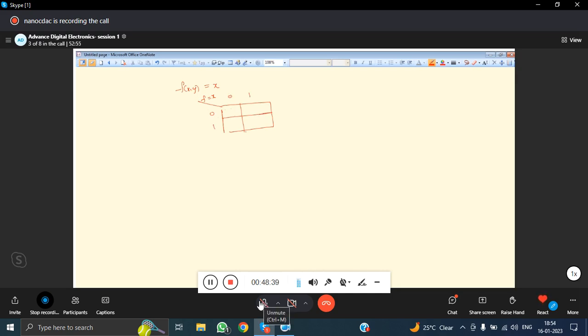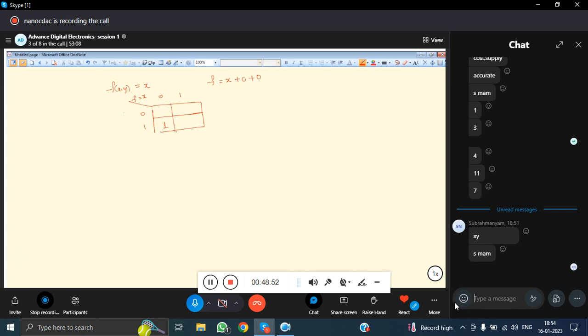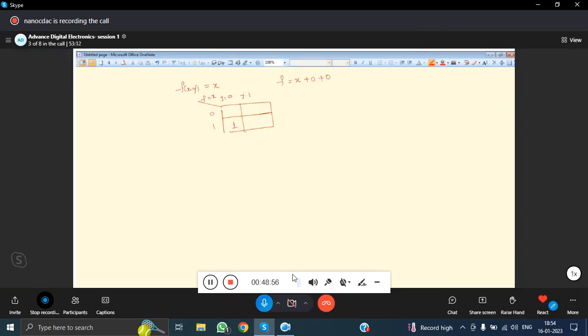Tell me, what is the function? f is equal to x only. Plus 0 plus 0. Here I am writing y is equal to 0, y is equal to 1, x is equal to 0, x is equal to 1. So 1 and 1, 0 and 0.